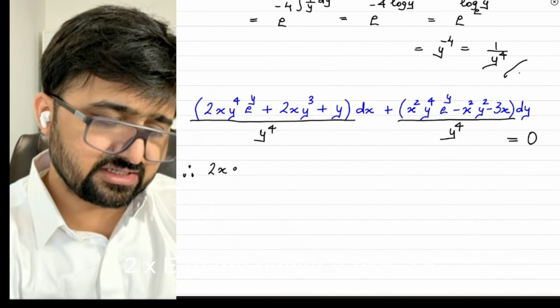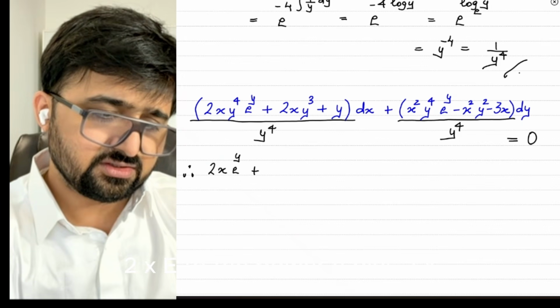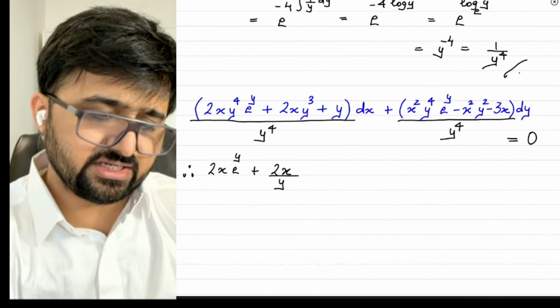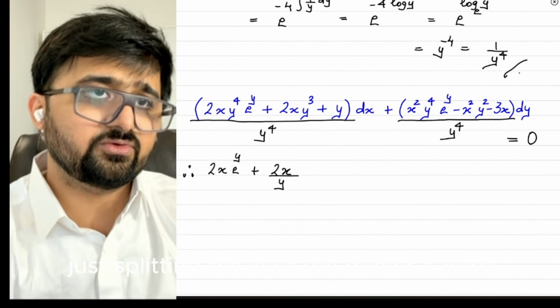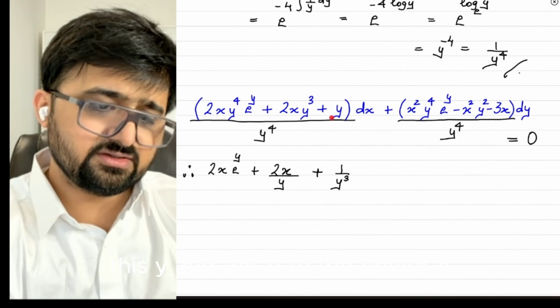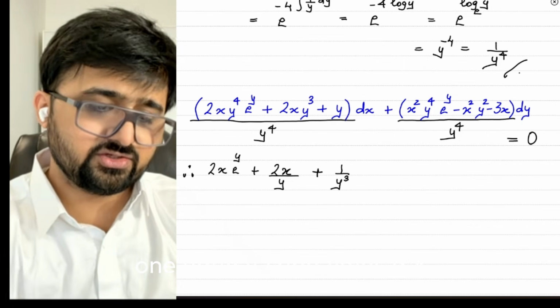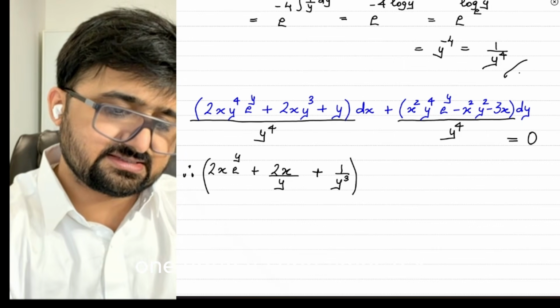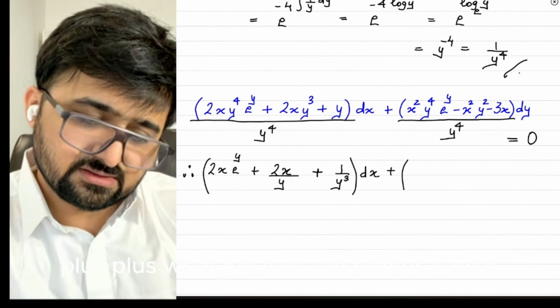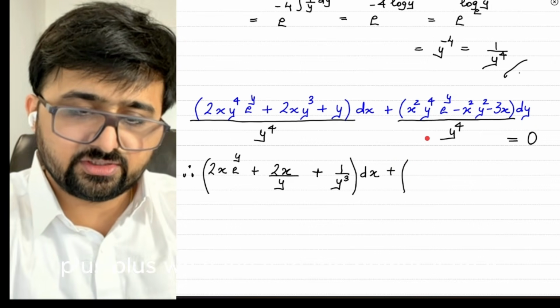2x e to the power y plus 2x divide by y, just splitting this y to the power 4 here, plus 1 upon y cube. Okay, this y and this y to the power 4, 1 upon y cube times dx, plus we have y to the power 4 here, so we'll get cancelled.